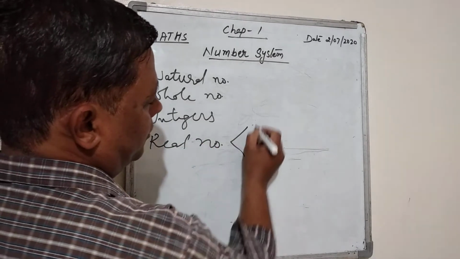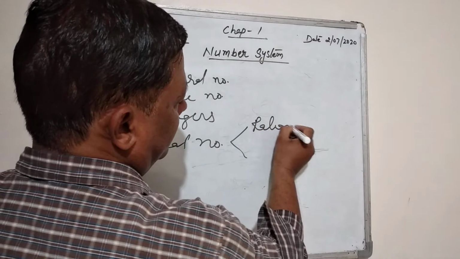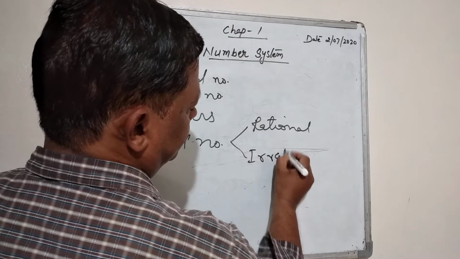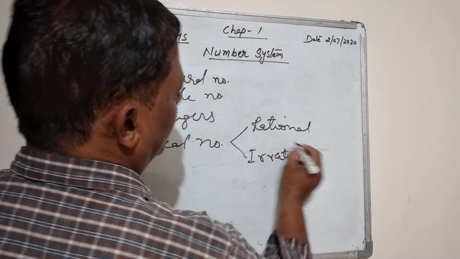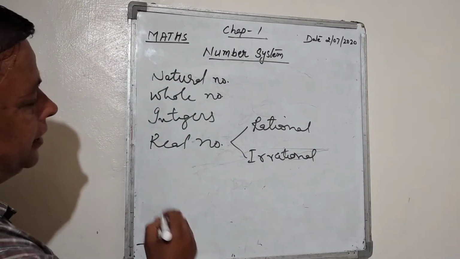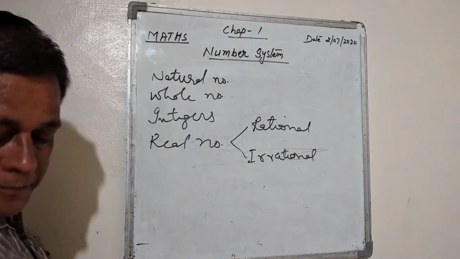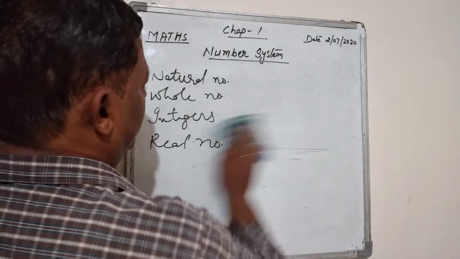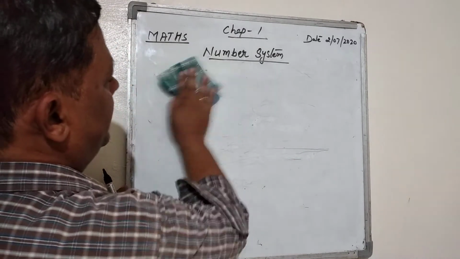The real numbers are two types, rational and irrational. We have read the irrational numbers on the number line, irrational positive or real positive number on the number line.